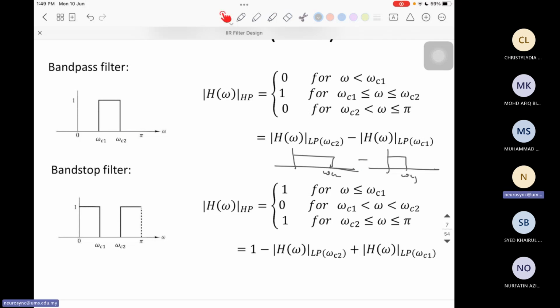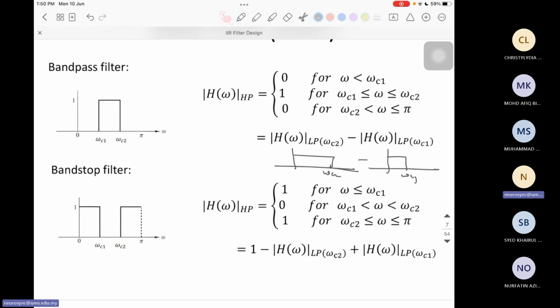Similarly, the band stop filter. Band stop filter means we will have the output 0 between these two cutoff frequencies, omega C1 and omega C2.